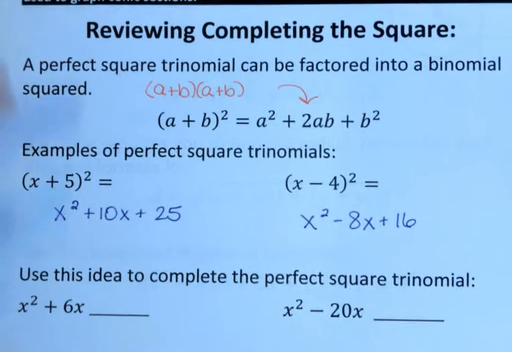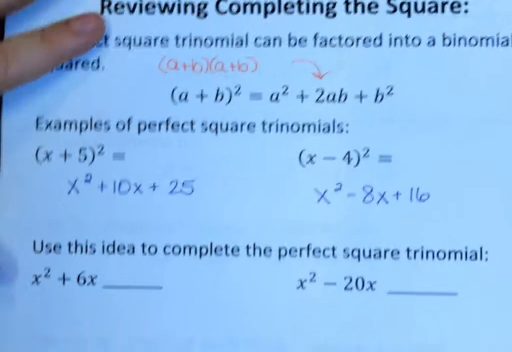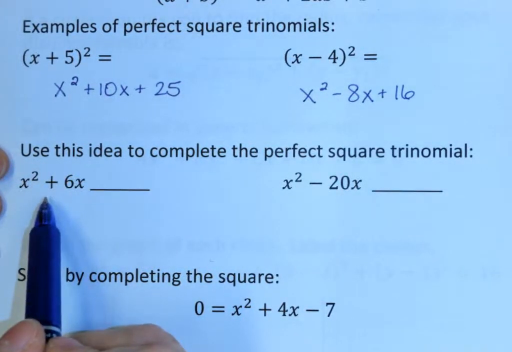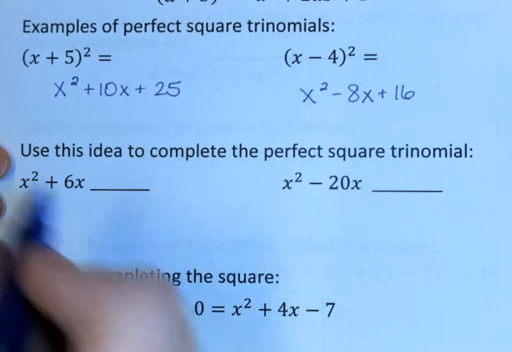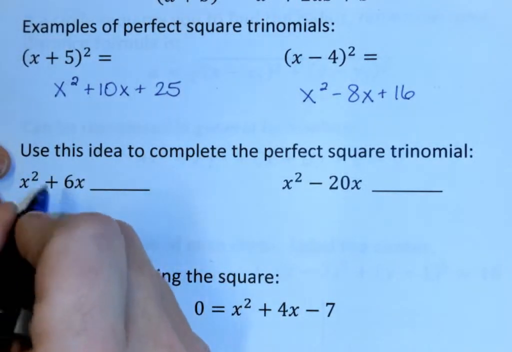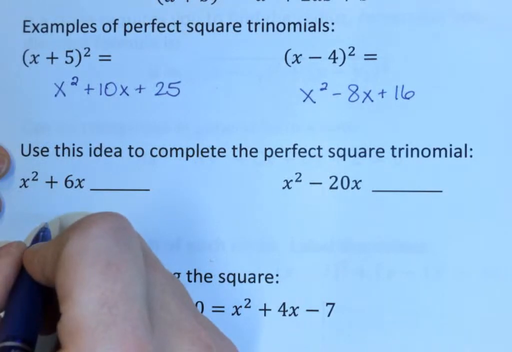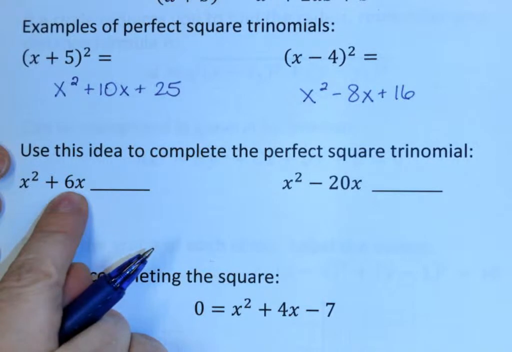Now, what we're going to be working on today is actually completing the square. That means I'm starting with something, and I want it to be a perfect square. Does anybody recall what the steps are for completing the square? This middle term is supposed to be 2ab.